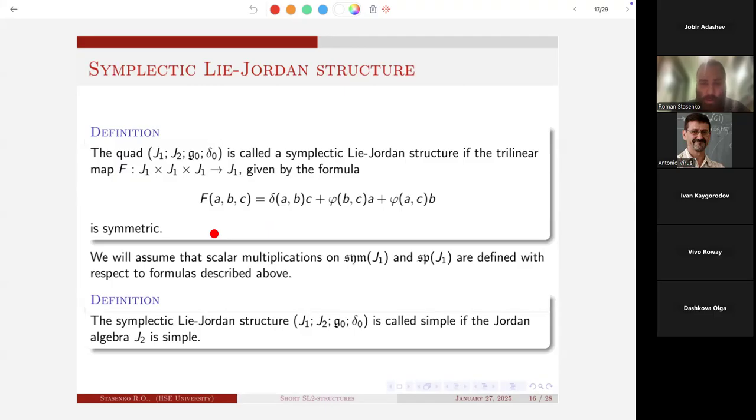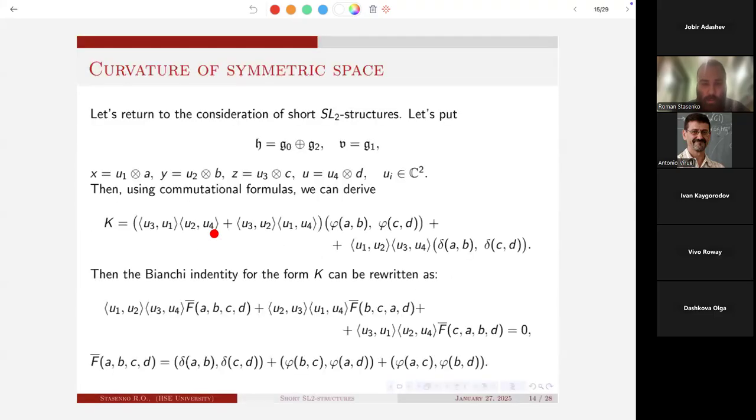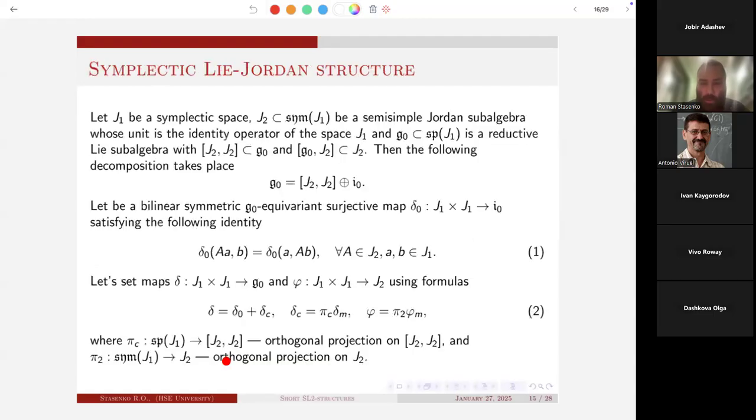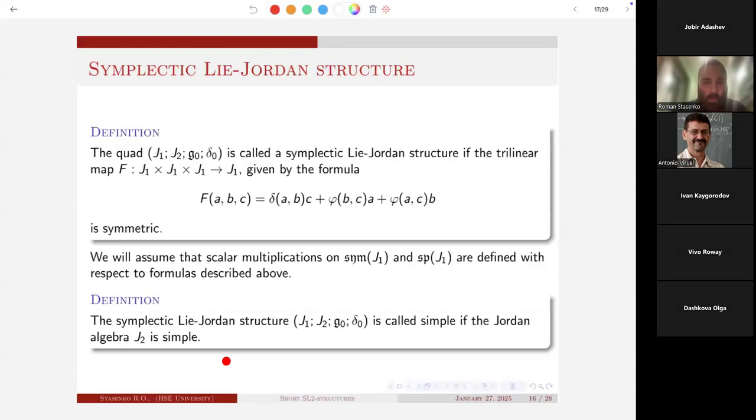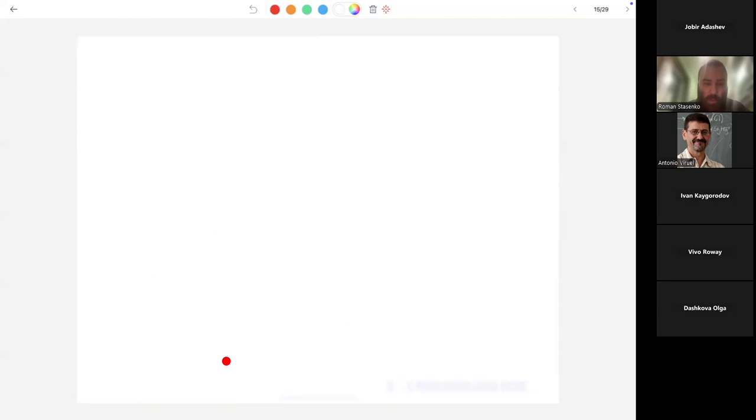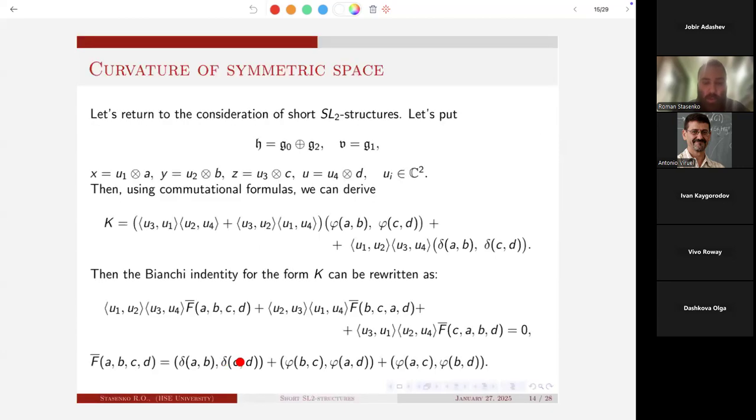So as you can see before, we are talking about the symmetricity of the four linear form, but this three linear form can be derived from it if we use the special properties of the scalar product, its invariant properties.